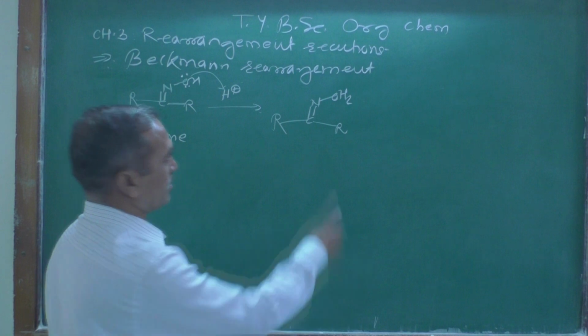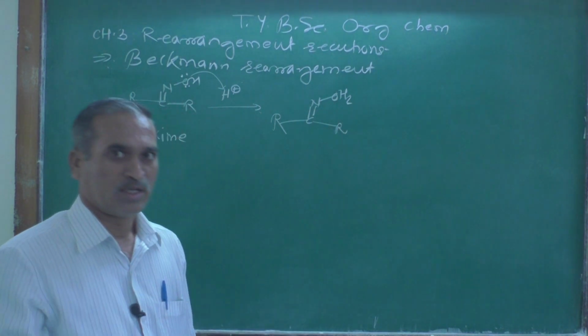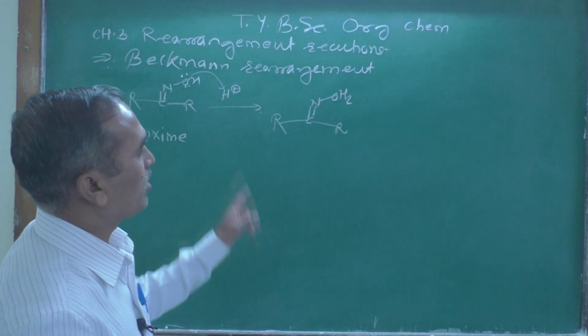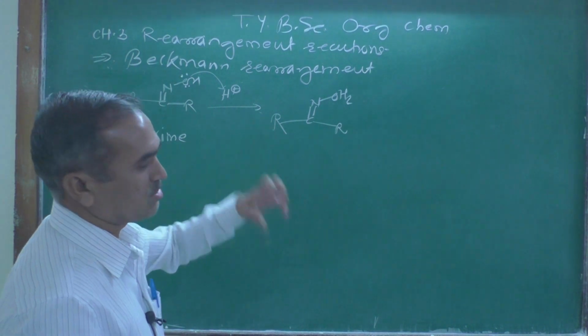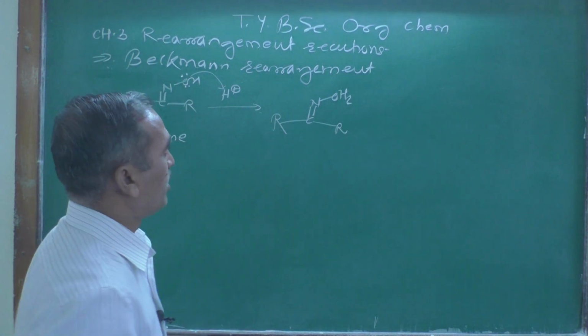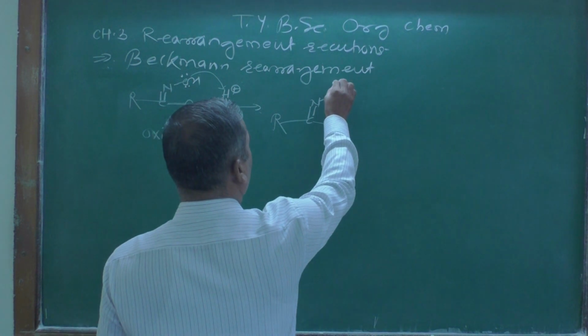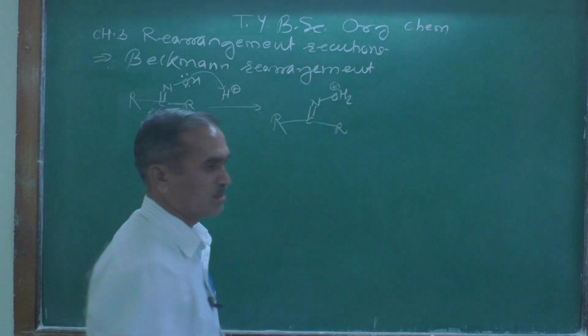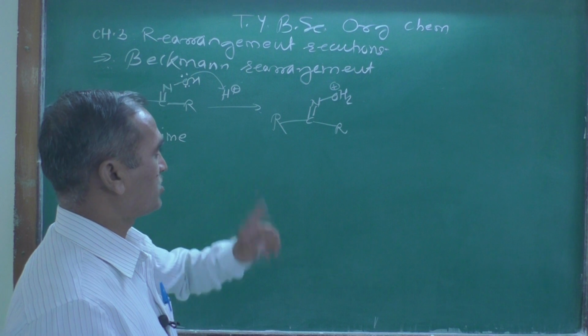Now look at here, when OH2, look at the bonds, that oxygen atom is trivalent now, and therefore the positive charge comes on that oxygen atom.